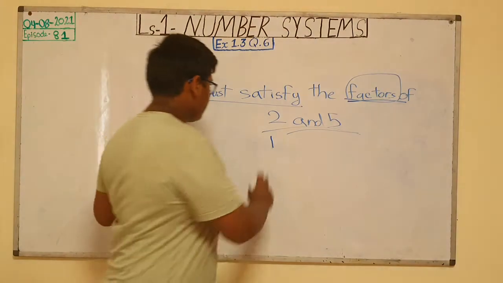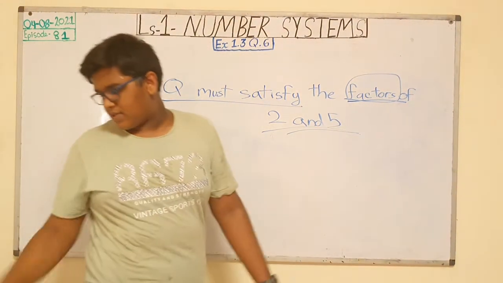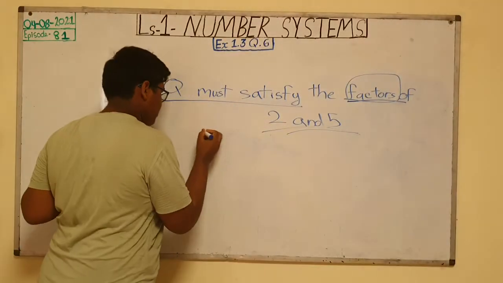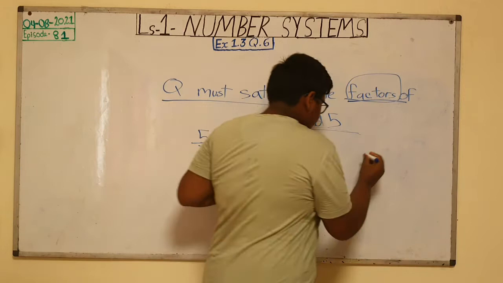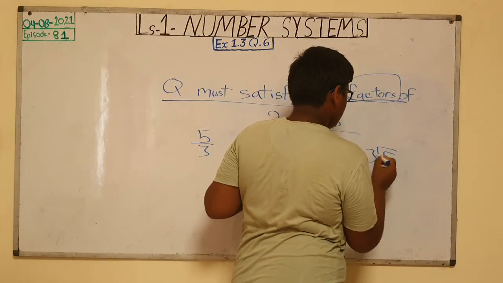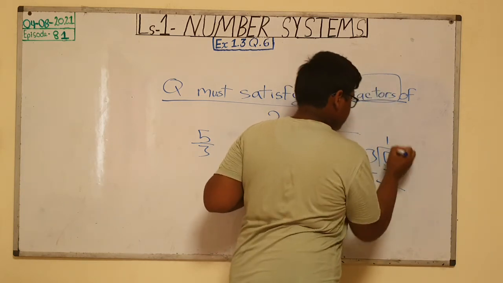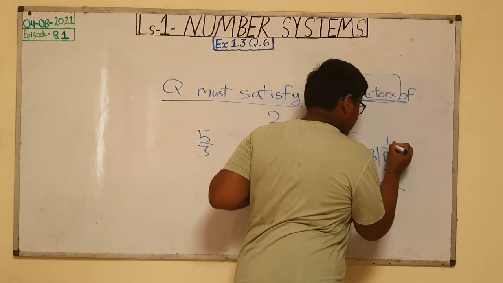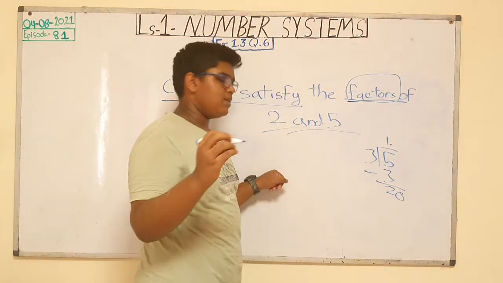Okay, so now for example, let's take 5 by 3. Now can we solve 5 by 3? Let's check the decimal expansion. 5 by 3, so 5 inside, 3 outside. Let's take 1. This will be 3. Now we have 2, which is smaller than 3, so we can take a point. Now we have 20. So 3 into 6 is 18.